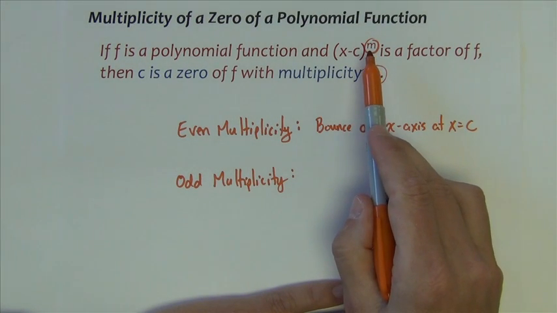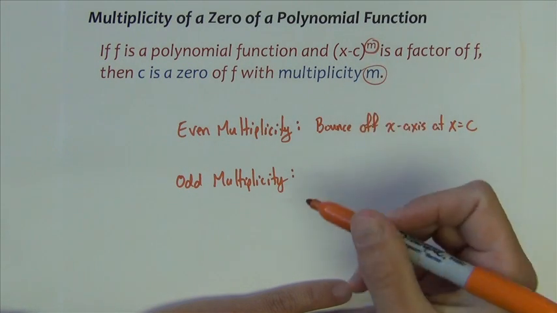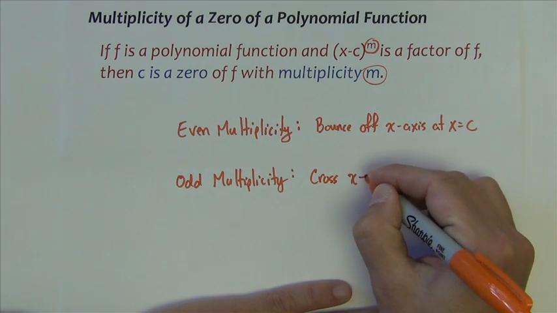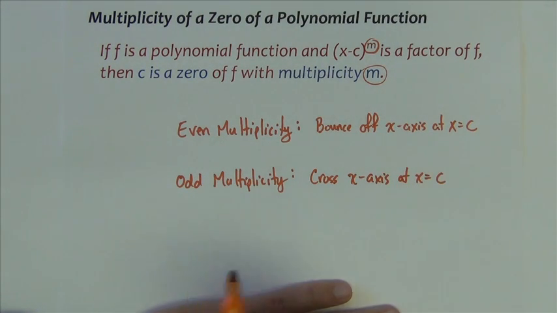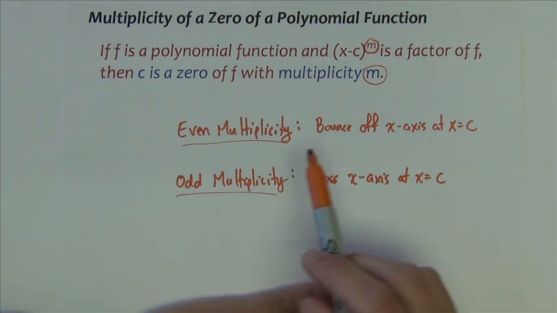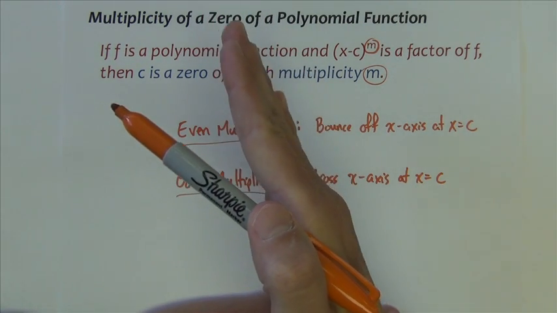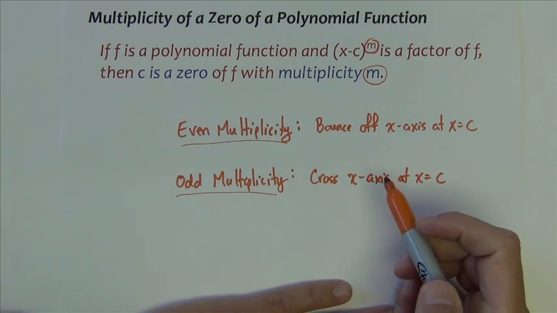Versus if this is odd multiplicity, if this is first power, third, fifth, etc., then the graph will cross the x-axis at that zero, x equals c. So even multiplicity, odd multiplicity, the graph's going to either bounce off the axis. Some textbooks even say it kisses the x-axis, it just comes right down, touches it and bounces right back off, or it's going to cross right through.